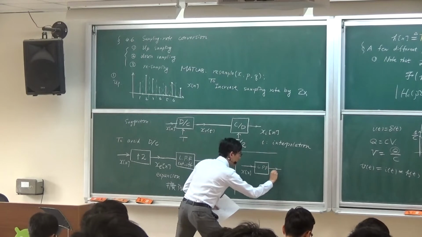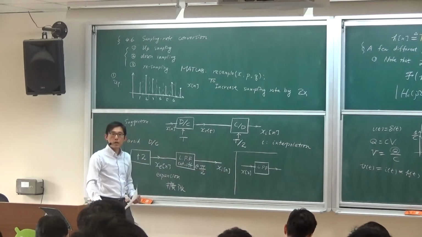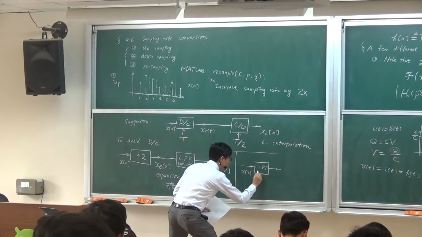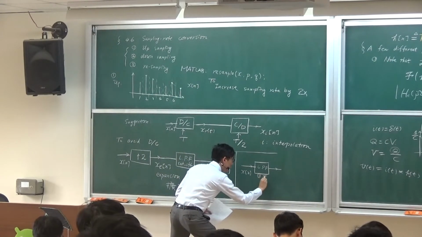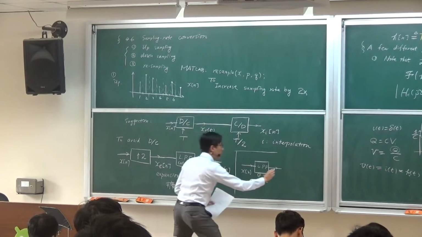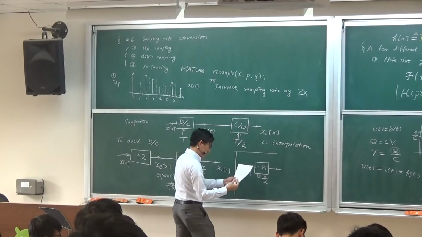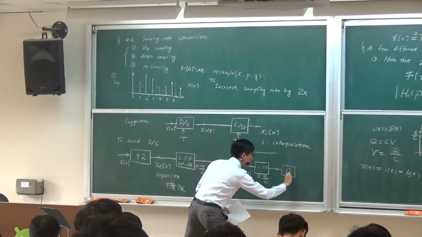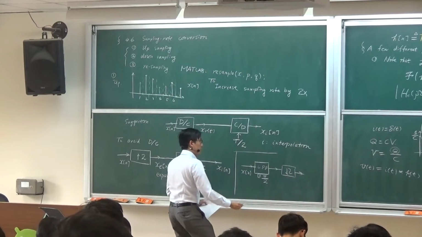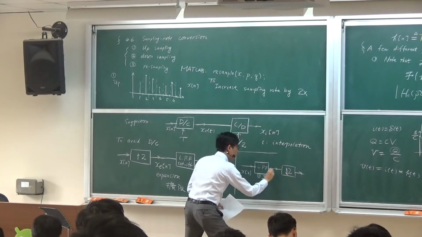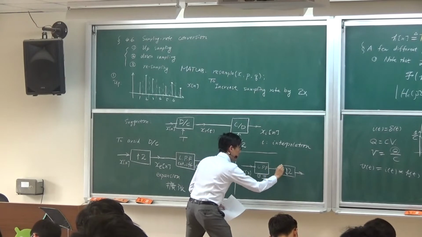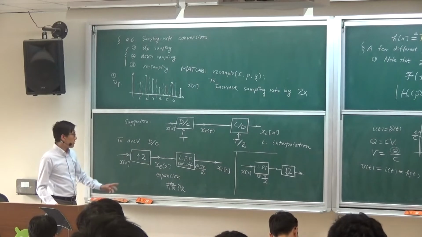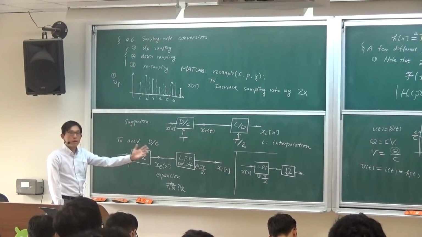Taking downsampling by a factor of 2 as the example, we perform a low-pass filter first, with a cutoff frequency also at pi over 2, and then perform a decimation, and then perform this down by 2 operation. Okay, but down by 2, so we will talk about this sort of reasoning, the difference between upsampling and downsampling.